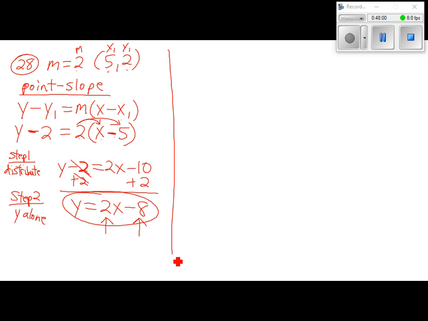The other way that you can do it, instead of using point slope, is to just use slope intercept, but you have to find what b is, find what that y-intercept is. And the way that we can do that is by using slope intercept form, y equals mx plus b.